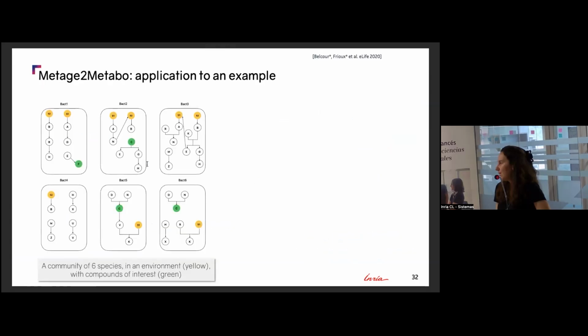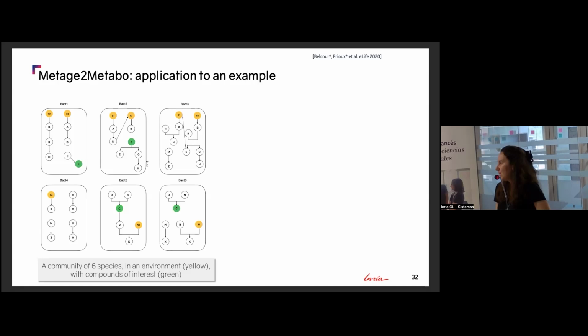So just to give you a bit more details in an example, here you have 6 metabolic networks. The compounds are the circles, and the reactions are the arrows. Each of the metabolic networks has colored circles.